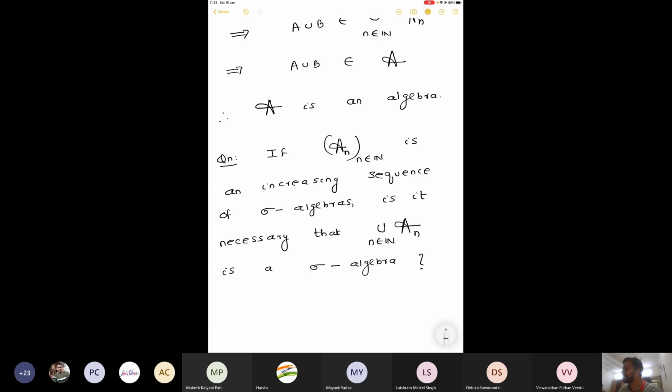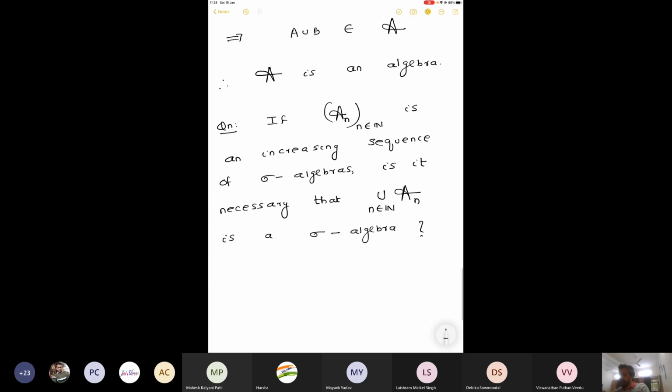When I say sigma algebras, they are all sigma algebras of the same set X. What do you feel? And where did you use this algebra nature, but not sigma algebra? If you see the proof, then you should get a hint to construct a counterexample. So I would say that you have to construct a counterexample, because it is not necessary that the union is a sigma algebra.